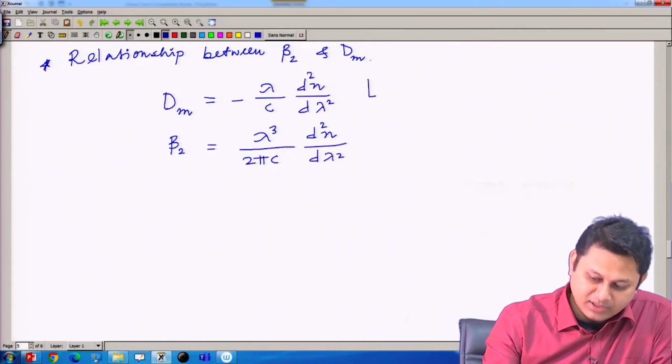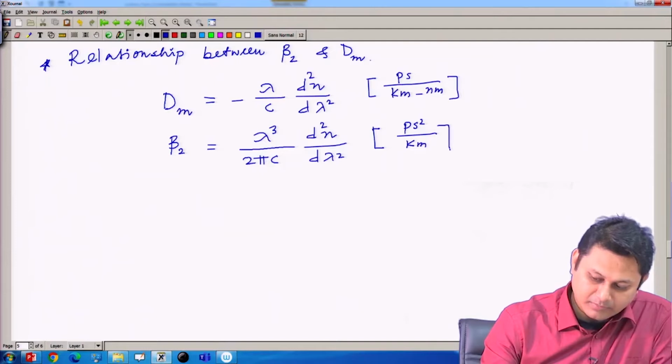For Dm, the unit is picosecond per kilometer nanometer, and for beta 2 it is picosecond square per kilometer.